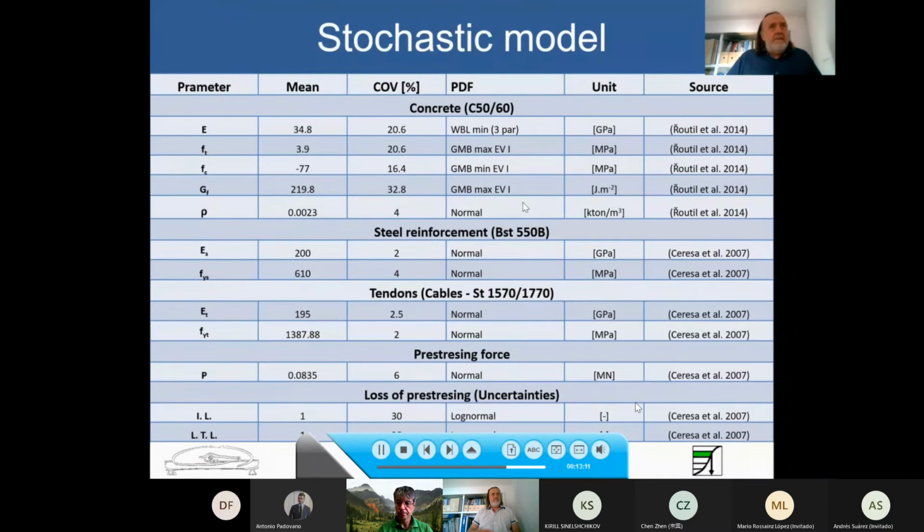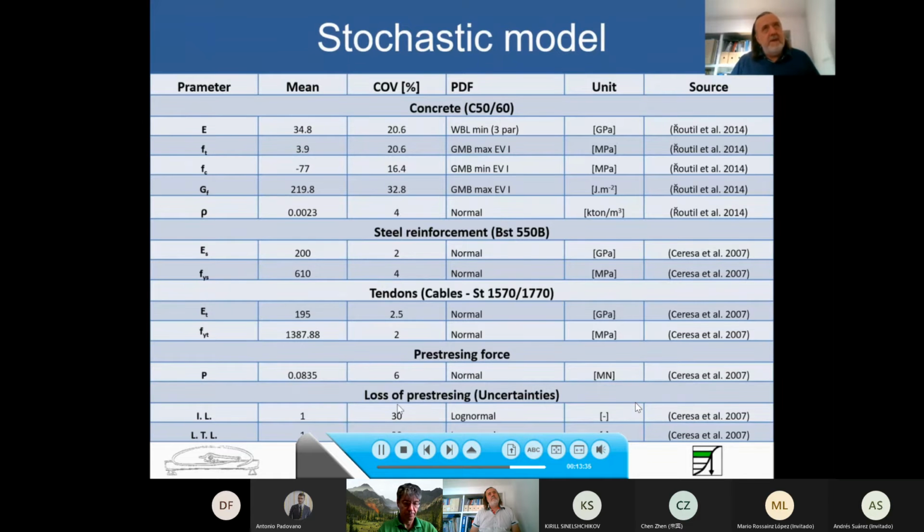So in the process, in statistical simulation, there are a lot of random variables like modulus of elasticity, tensile strength, compressive strength, fracture energy, also steel reinforcement, pre-stressing tendons, modulus of elasticity, yield strength, and also pre-stressing force, which plays quite a significant role, and loss of pre-stressing.